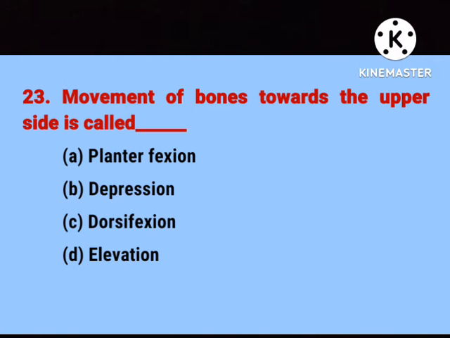Movement of bones towards the upper side is called: A. Plantar flexion, B. Depression, C. Dorsiflexion, D. Elevation.